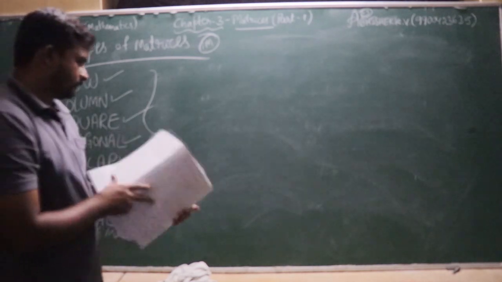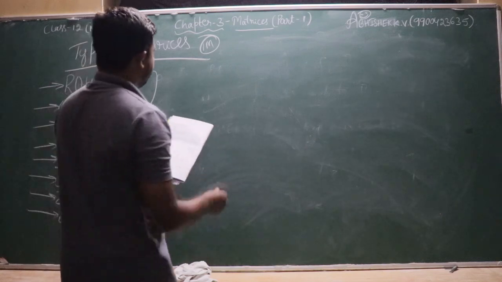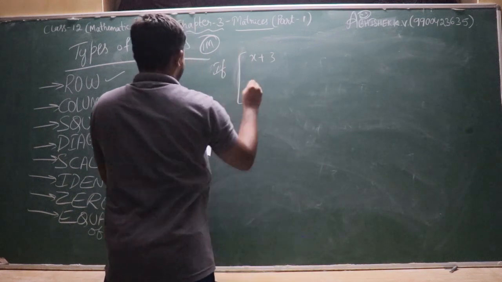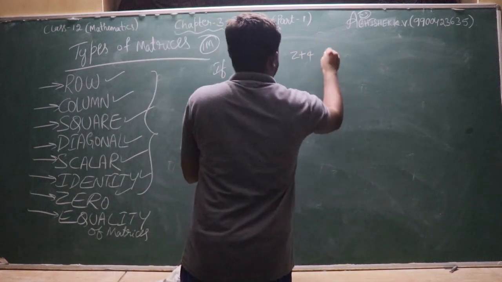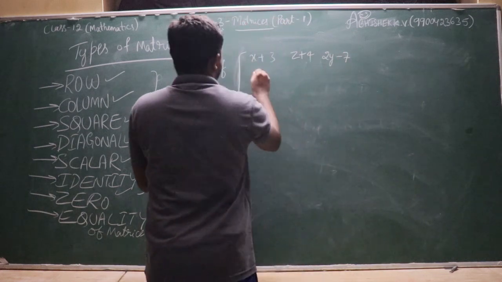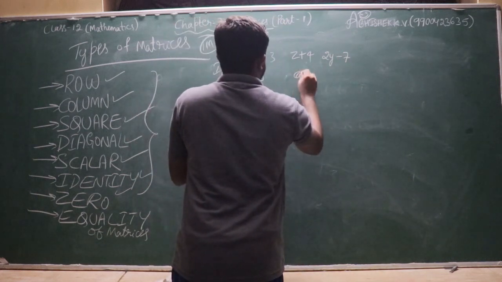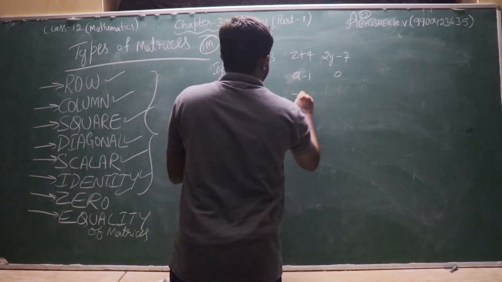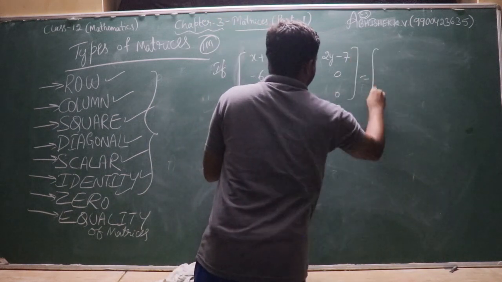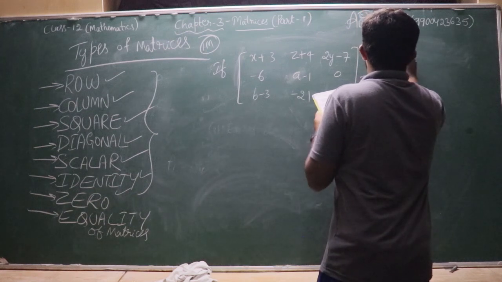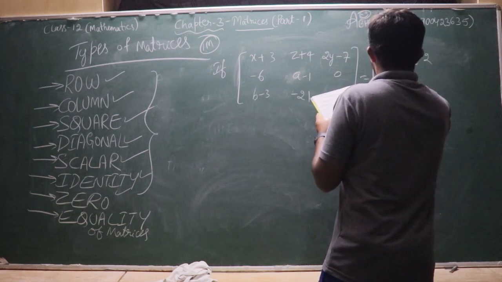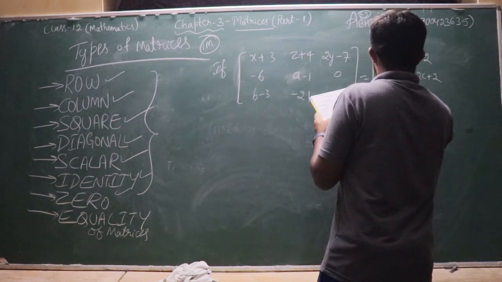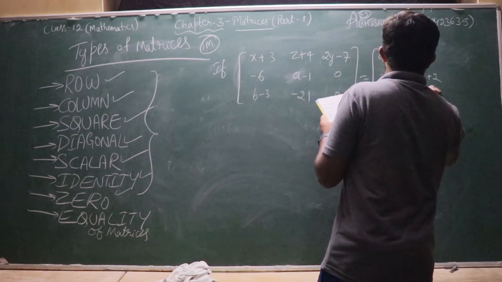Examiner asked the question as if: [x plus 3, z plus 4, 2y minus 7; minus 6, a minus 1, 0; b minus 3, minus 21, 0] is equal to [0, 6, 3y minus 2; minus 6, minus 3, 2c plus 2; 2b plus 4, minus 21, 0].